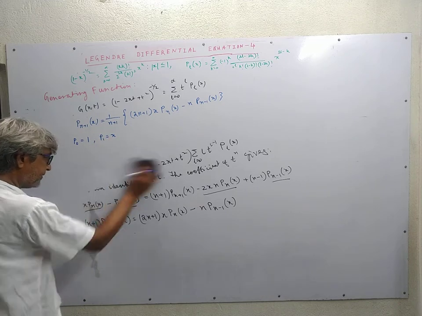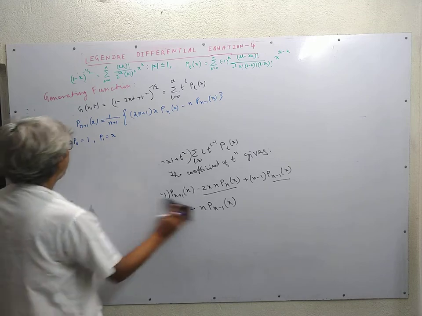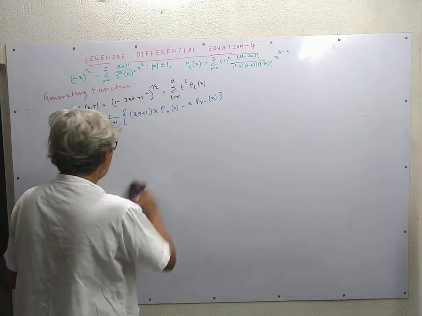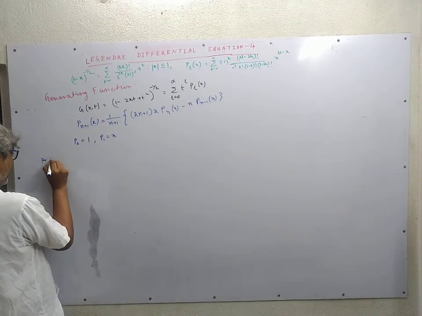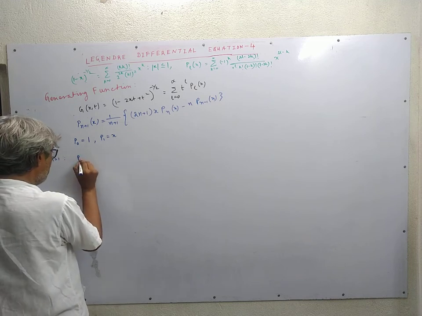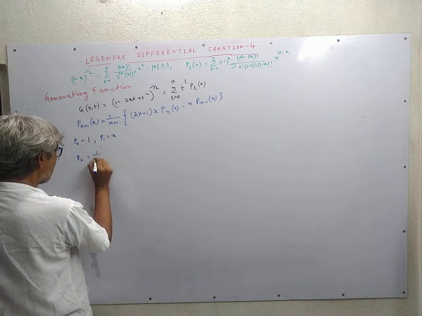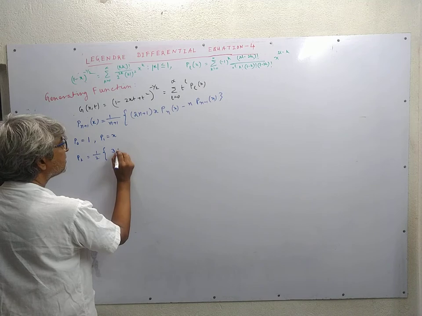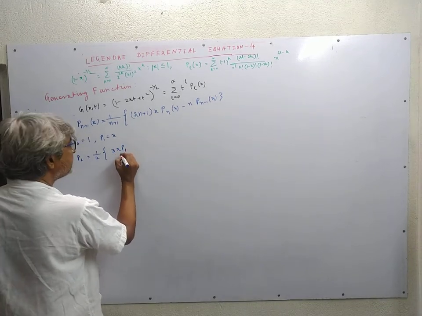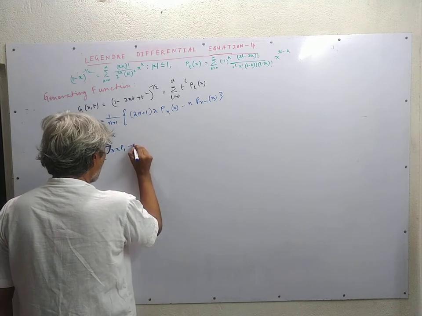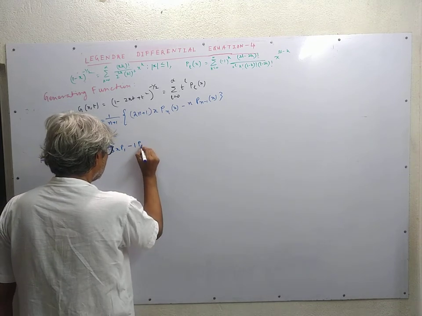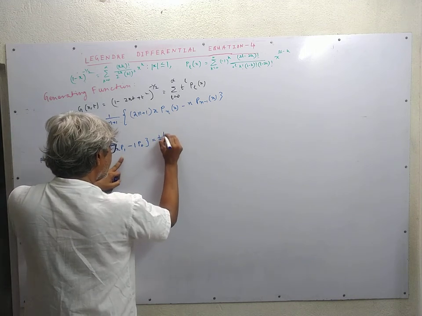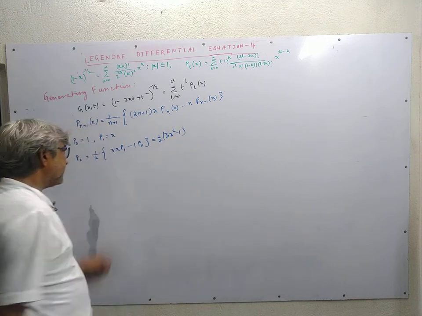So if we put n equal to 1, we get P2 is equal to 1/2 times [3x P1 minus 1 times P0]. Since P1 is x, this is half into (3x squared minus 1).